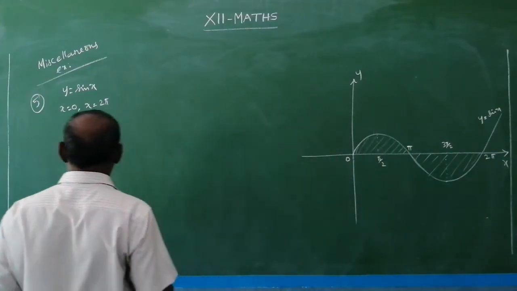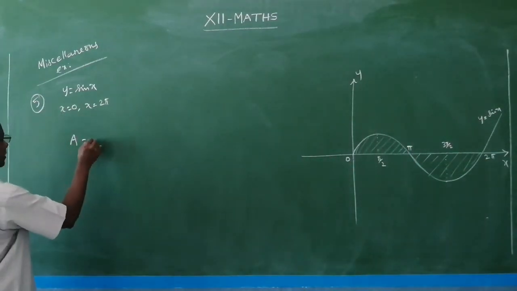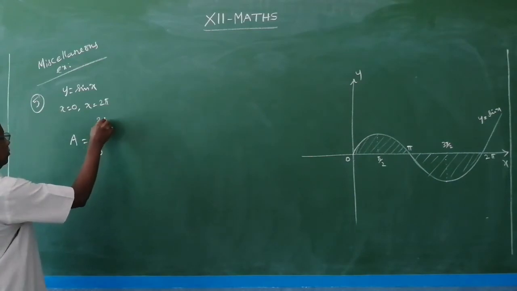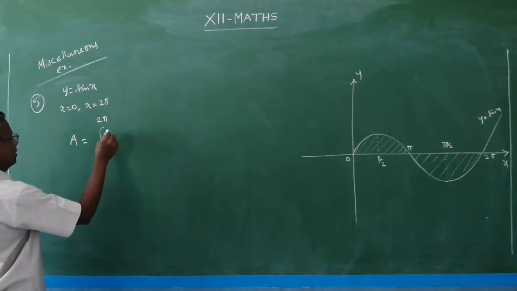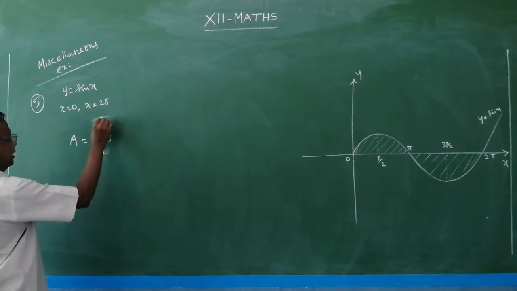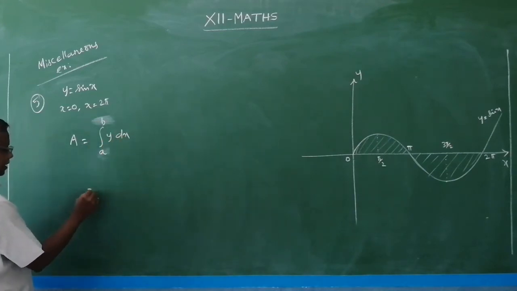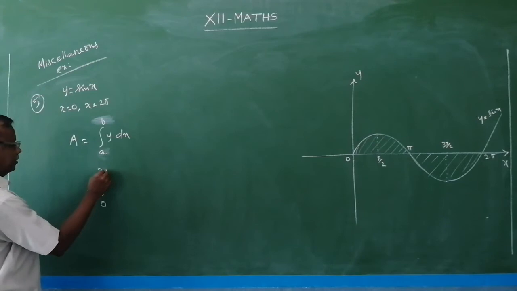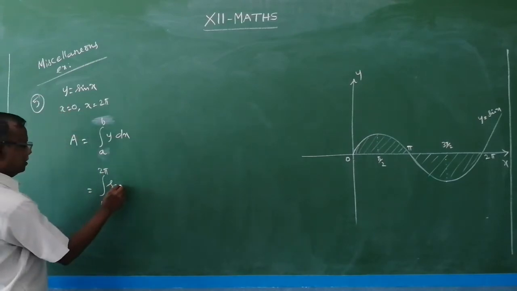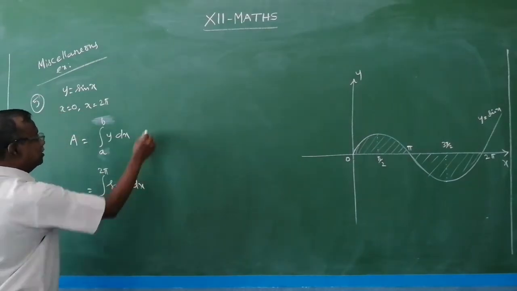Therefore the area required is integral 0 to 2 pi, y dx from a to b, that is equal to integral 0 to 2 pi, y means sin x into dx.